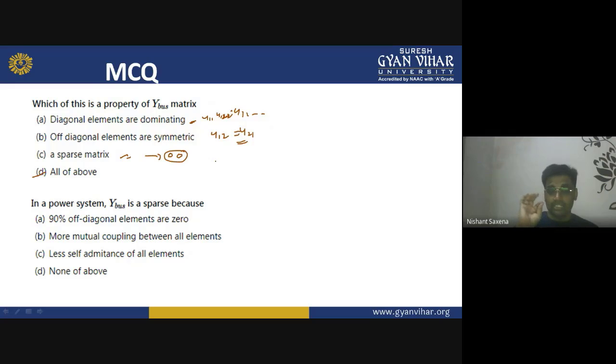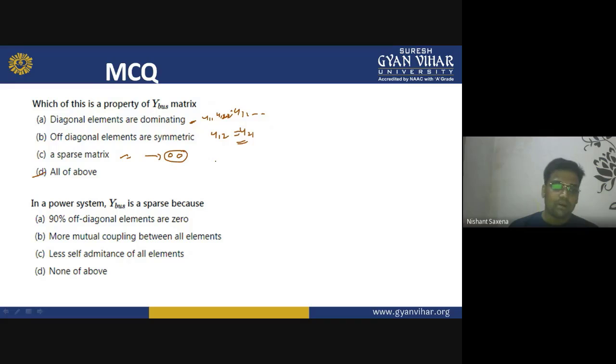It is not necessary that each node is connected to another node. So the Y bus matrix formed is a sparse matrix, with low contents in it and the rest mostly 0.